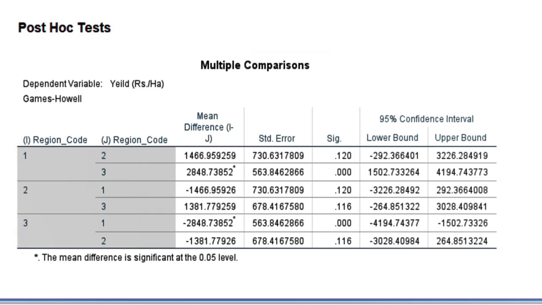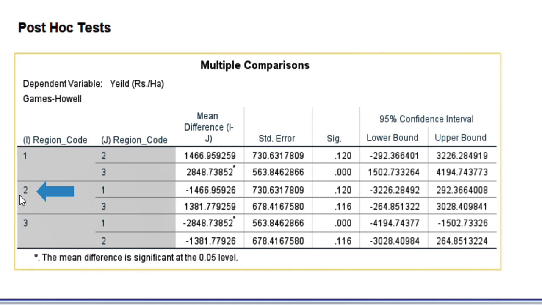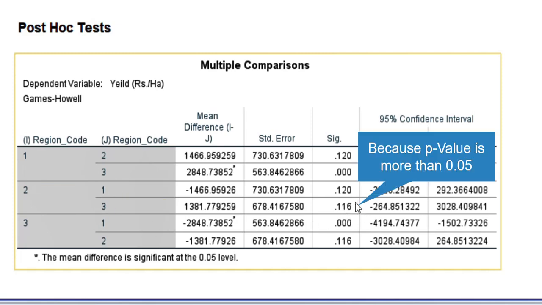The difference between crop region 2 and the mixed crop region is not statistically significant because the value is again above 0.05.